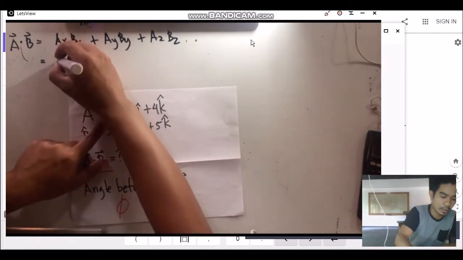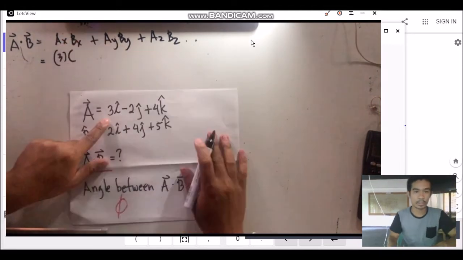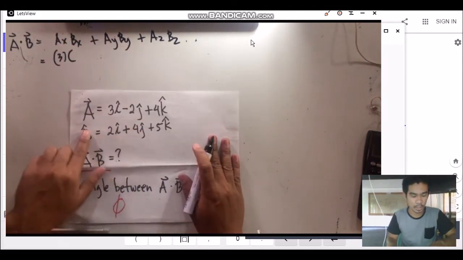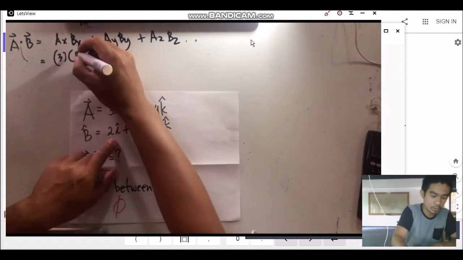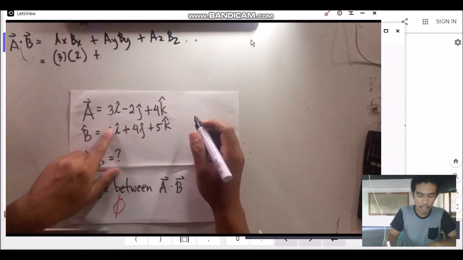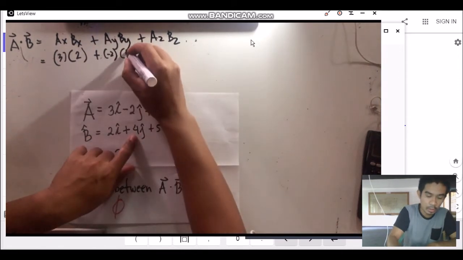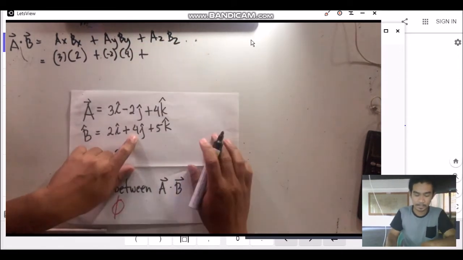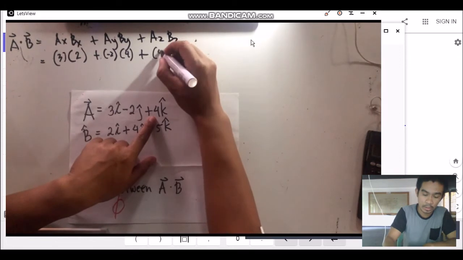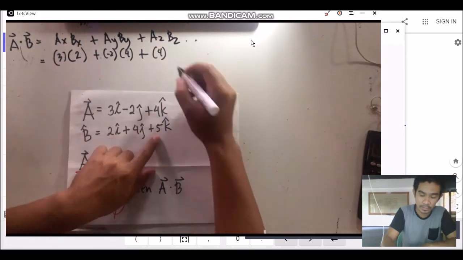It's 3 times what is BX? That's 2, plus AY, that's negative 2, times BY, which is 4, plus AZ, which is 4, times BZ, which is 5.